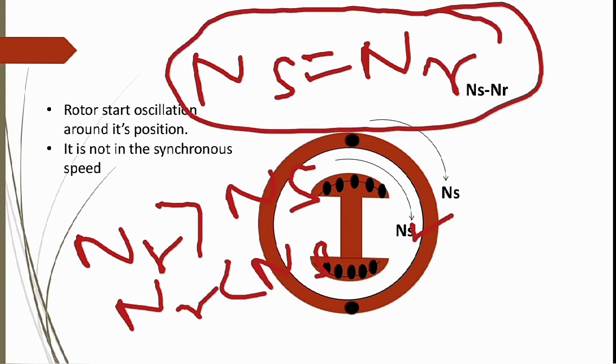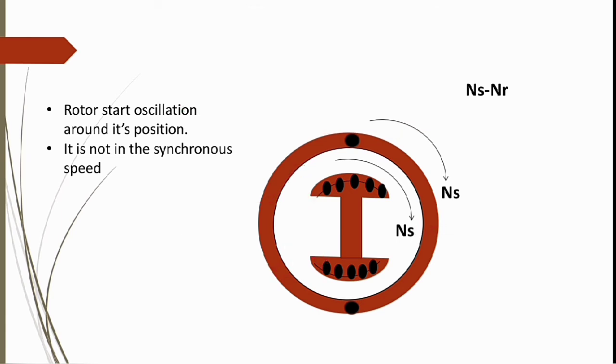That I know actually. After the disturbance, the rotor speed is not equal to the synchronous speed. Either it is greater than synchronous speed or smaller than synchronous speed. So the next is the EMF induced in the rotor.